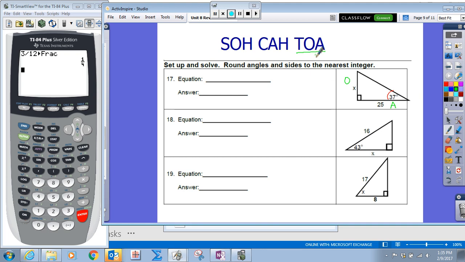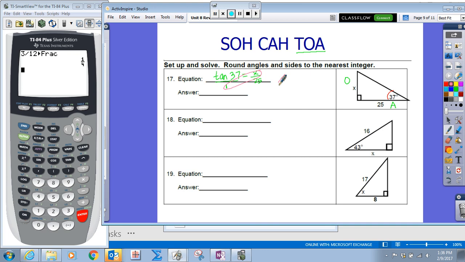Okay, so we would set up our equation as the tan of 37, our angle, is equal to opposite x over adjacent 25. And I like to just set them all up as proportions and cross multiply.